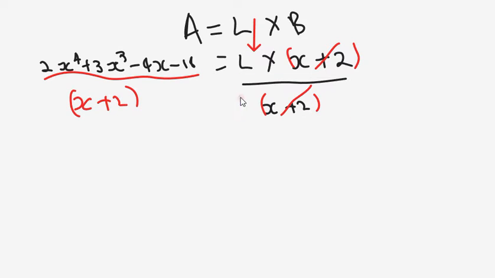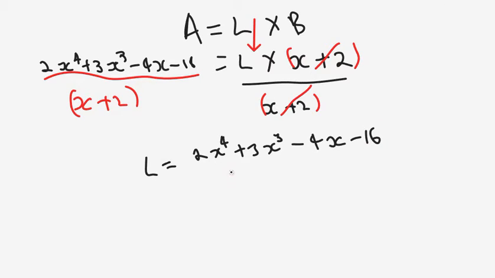We can now write L as the subject of the formula, and L is going to equal whatever is here: 2x to the power 4 plus 3x cubed minus 4x minus 16.